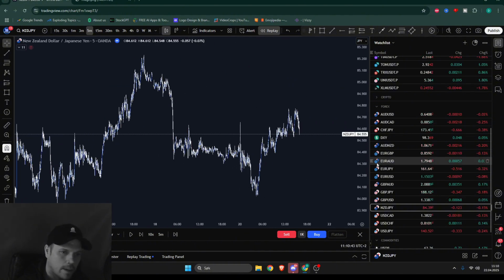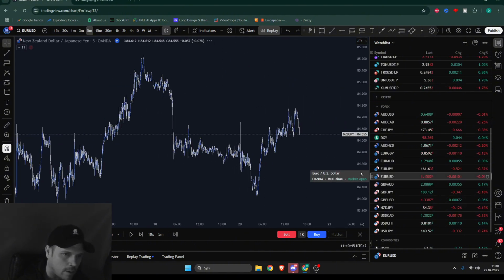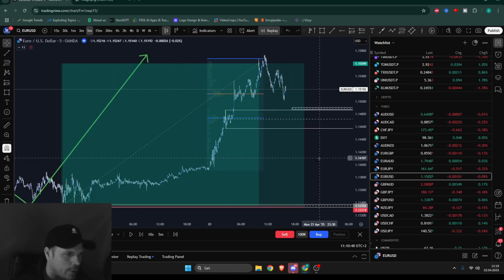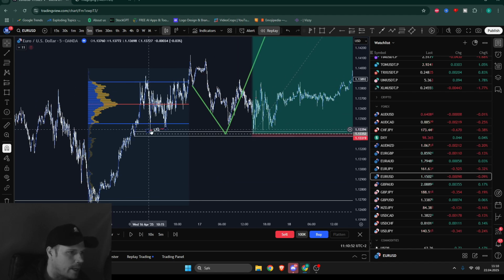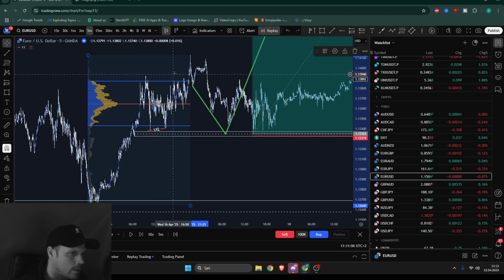A couple of days ago I posted a signal on EUR/USD, and this was basically the liquidity level I was watching for right here. I used the point of control to find out where most of the trades occurred in this sequence, from this low to this high, and I found out that these are late buyers, creating a safe haven for people to put their stop loss under.